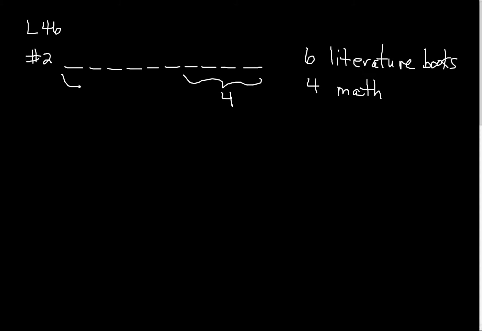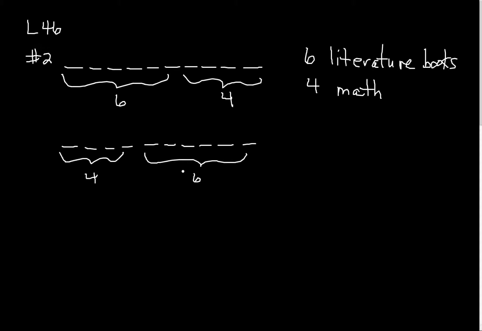Or you could have your 4 math books together at the beginning and your 6 literature books together, right? Because they have to stay together. If you put the 6 in the middle, then you'd have 2 math books in the beginning and 2 at the end. So these are the only 2 ways that you can arrange it.